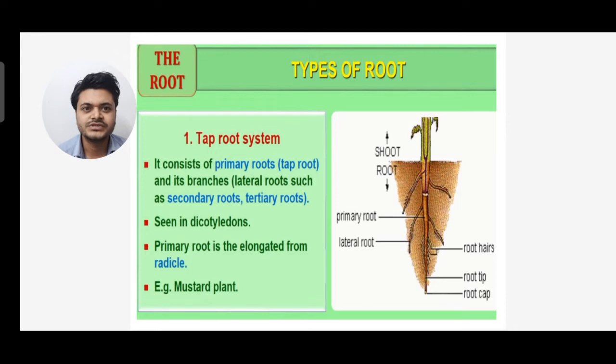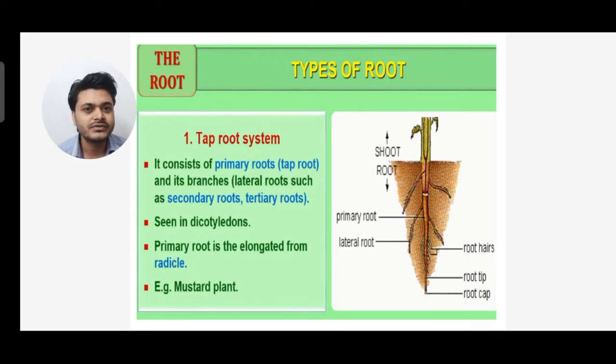The tap root system consists of a primary root, that is the tap root, and its branches, that is lateral roots such as secondary roots and tertiary roots. It is seen in dicots or dicotyledonous plants.